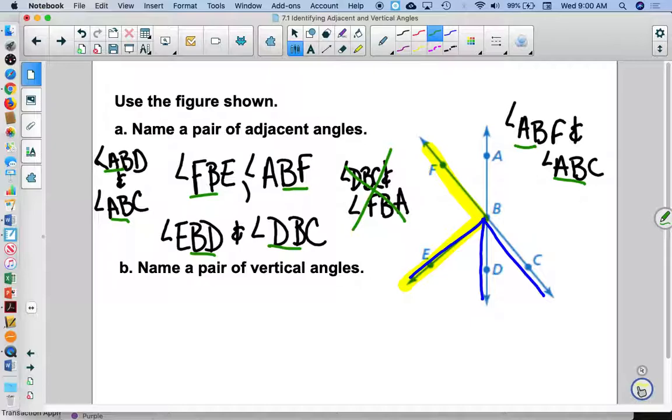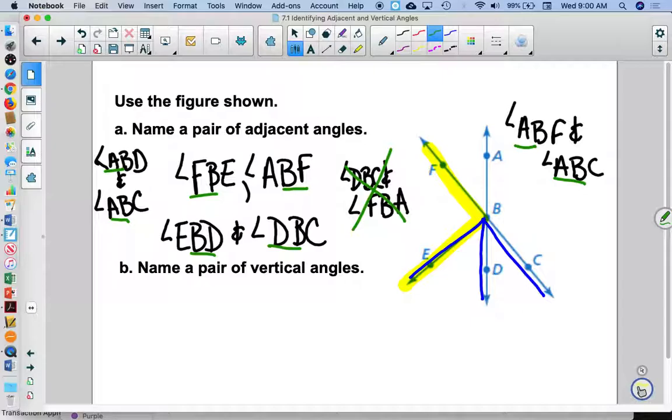What about vertical angles now? What do we know they have to share? What do vertical angles have? By definition, how do we know if they're vertical or not? And your definition's on your papers if you don't remember it. How do you know it, Zane? They share a vertex. Okay, so they have to share the vertex, and there's something else about it. And they have to be, nope, not adjacent.